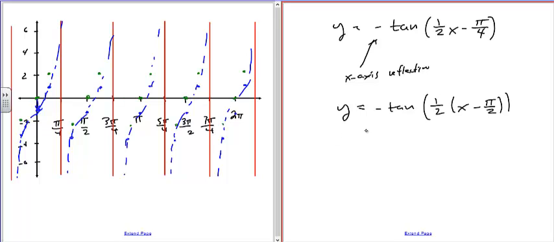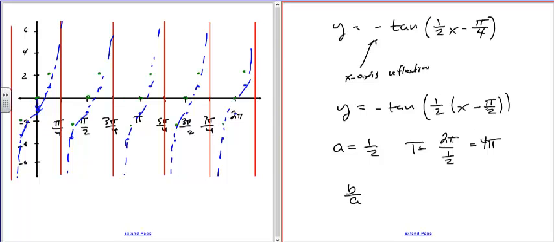So again, the negative is the x-axis reflection, small a is a half, so the period is equal to 2 pi divided by half, which is the same as 4 pi. So in this case I'm stretching it in the x direction. And then b over a, so this is b, this is a.